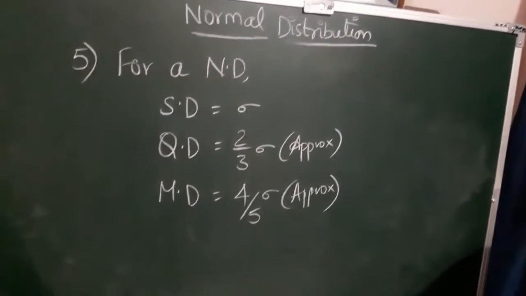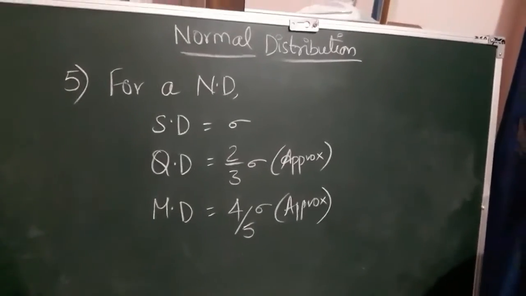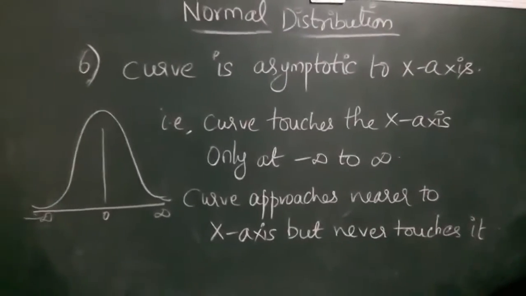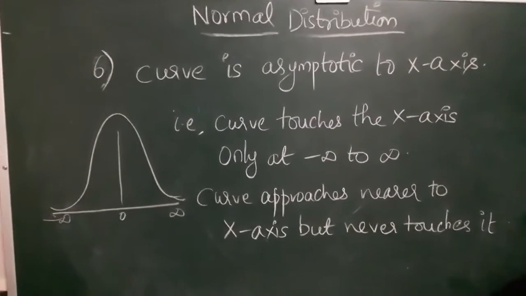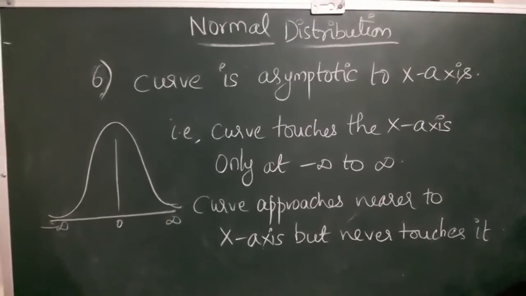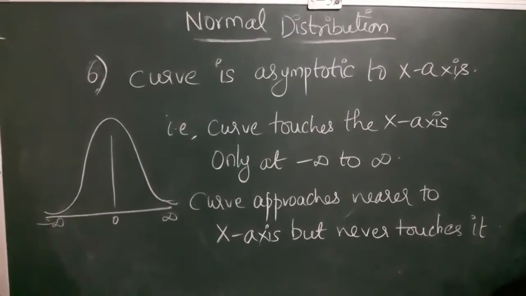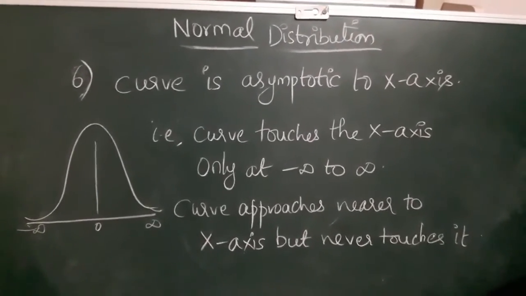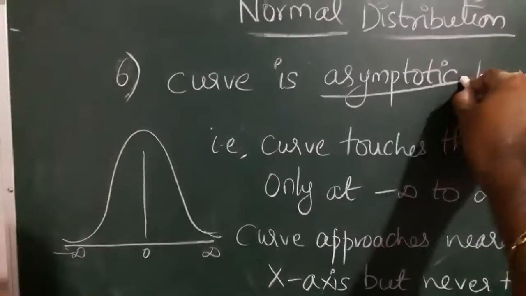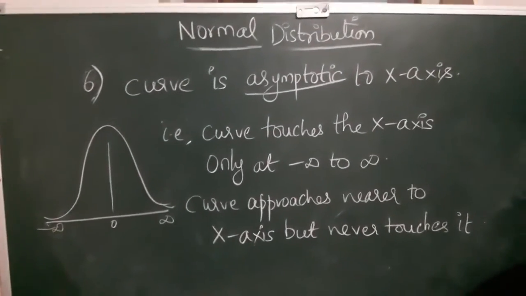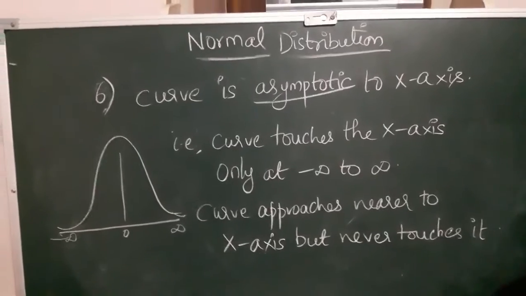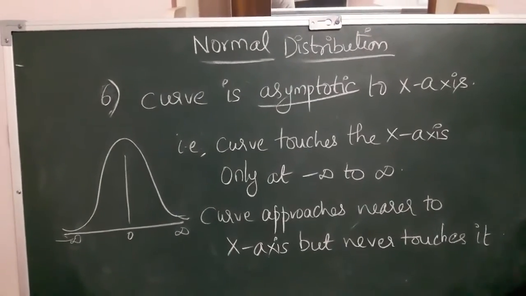Now let us see property number 6. Look at here, property number 6. See, at the left side I have drawn the normal curve. The curve is asymptotic to the x-axis. By seeing this curve, what did you observe?